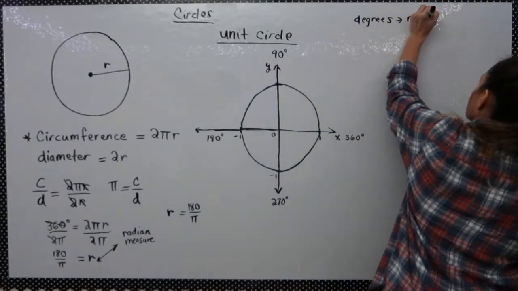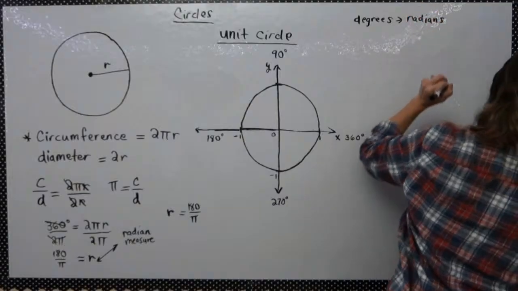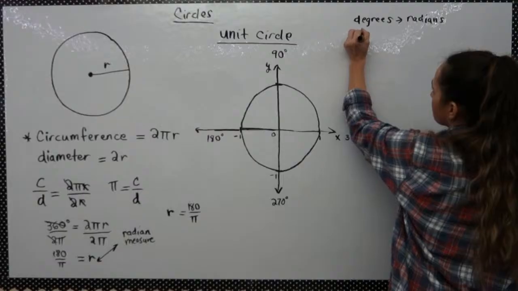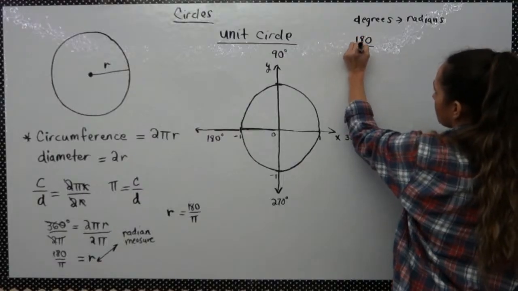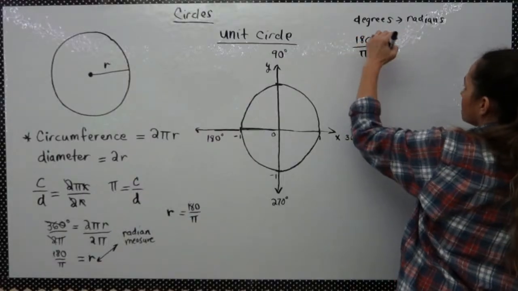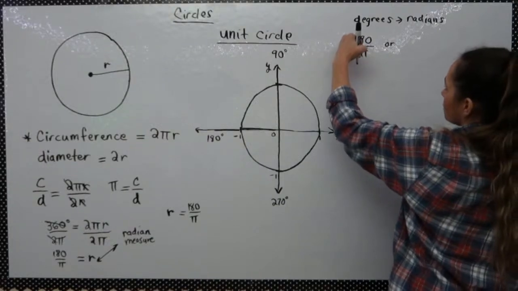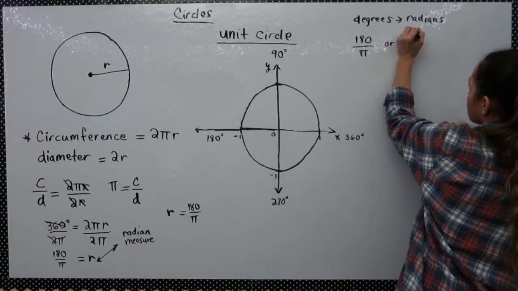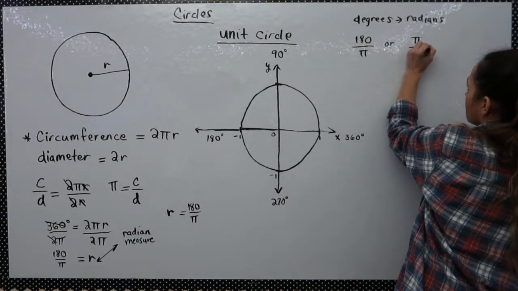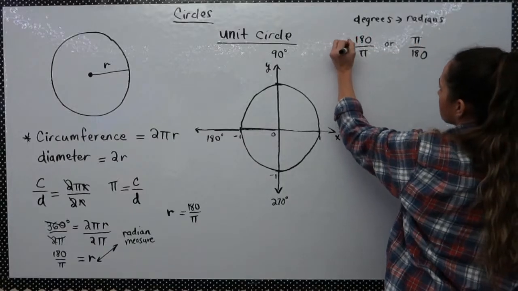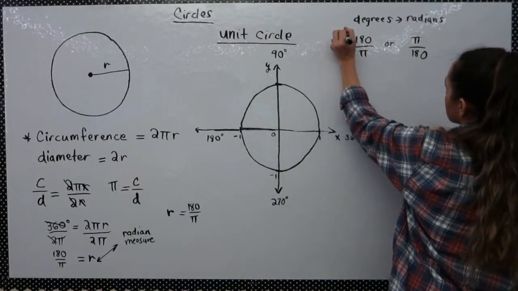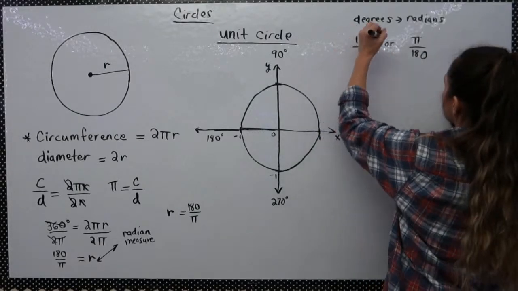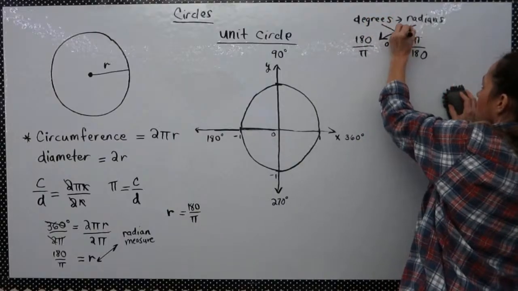Spell it correctly. And you'll use that conversion, 180 degrees over pi, or depending on if you're going to degrees, you want the degrees on the bottom. So you would just flip it and say pi divided by 180. So if you want radians, hang on, I'm going to switch that. It's vice versa, like that.